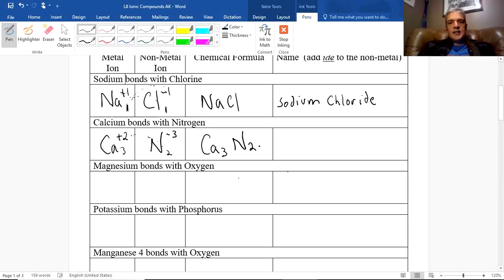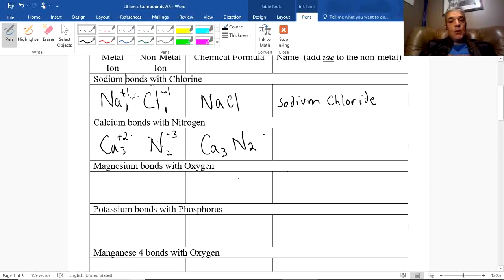What we're essentially saying is that we're going to have 3 plus 2's. What's 3 times 2? Well, that's 6. So there's going to be 6 positive ions, 6 values for the positive. And over here, we're going to have 2 nitrogens, but they're each minus 3. So that gives us 6 as well. And so we have a balance between the positives and the negatives. And that's what creates our chemical formula, makes it balance out.